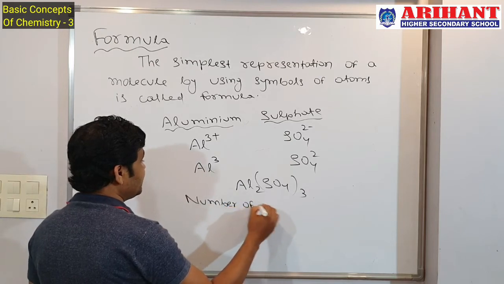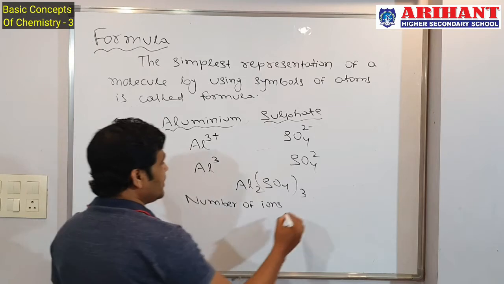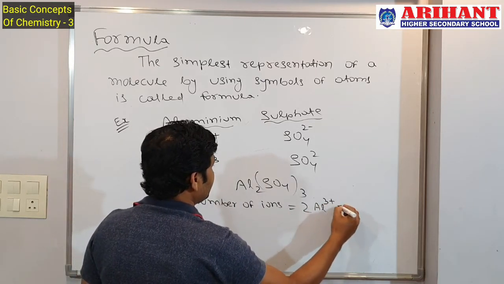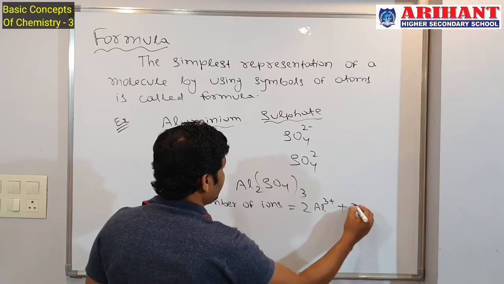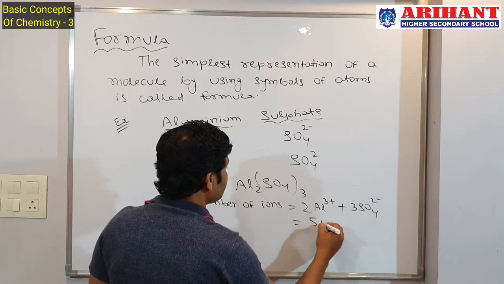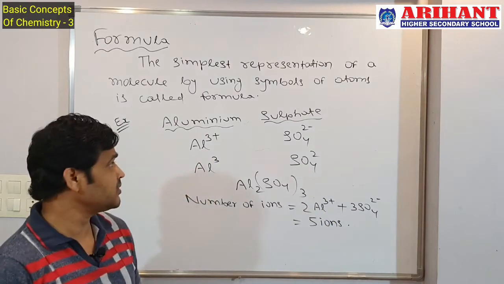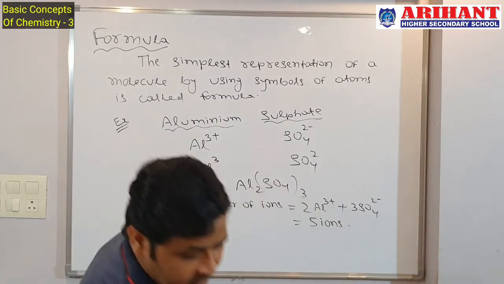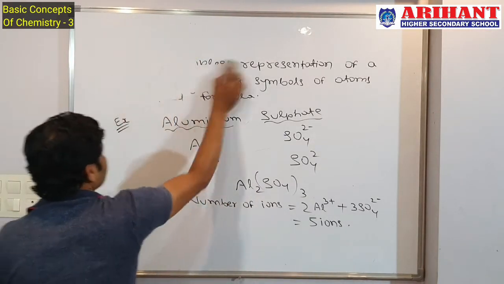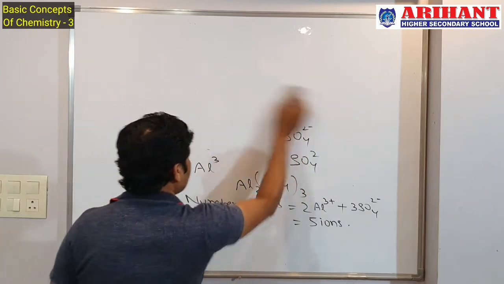Number of ions is equal to 2 Al3 plus and 3 SO4 2 minus, which is equal to 5 ions.